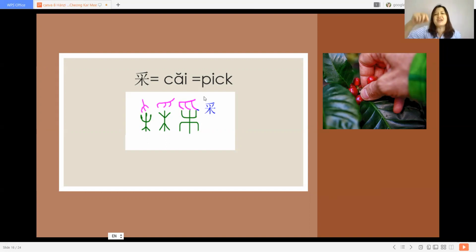You try to do some action. This action is called cai, pick. We pick the fruits. We can also pick the flowers. We also use the action word cai. It means a hand on top of the fruit doing some action called pick, cai. This is how it works. It uses two pictographs to form a new meaning, which is cai.